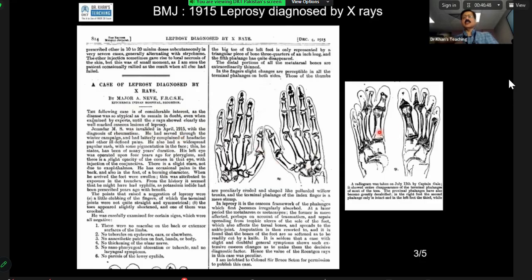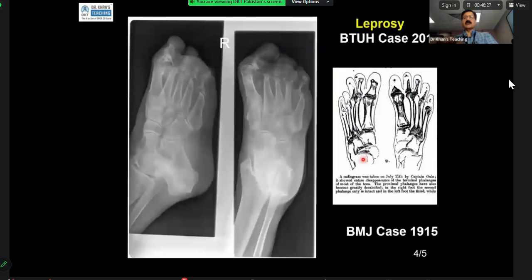So this is the finding, and you can well imagine that it must have been a big finding because the patient has soft tissues still intact. When they did an X-ray, this is the diagram which showed pointed sclerotic phalanges, a licked candy appearance.